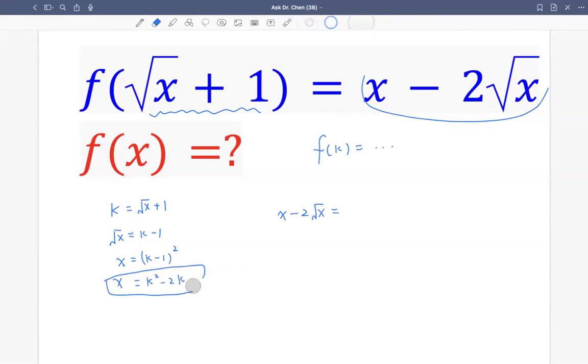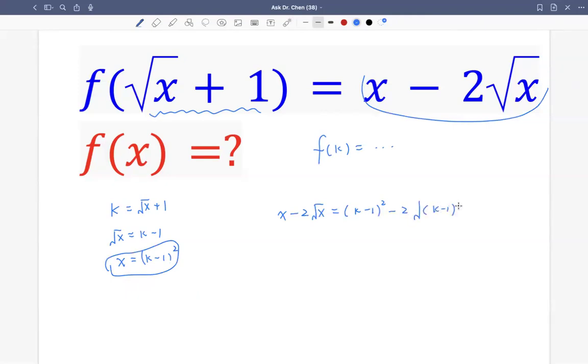We don't really need to expand, because the perfect square is a very neat form. So x is (k minus 1) squared, right? Then minus 2 square root of x, which is square root of (k minus 1) squared.